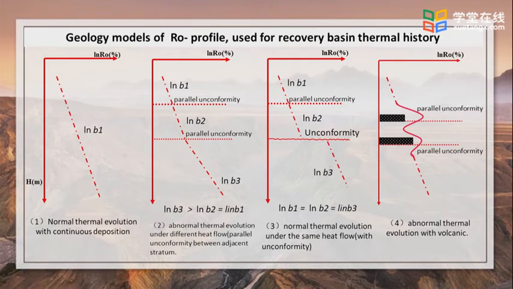Affected by the volcanisms here, the Ro has increased, but this volcanism event is short in time, so the Ro didn't change, because the Ro also needs time to change. So it becomes again its normal vitrinite reflectance and returns to the same line of Ro.